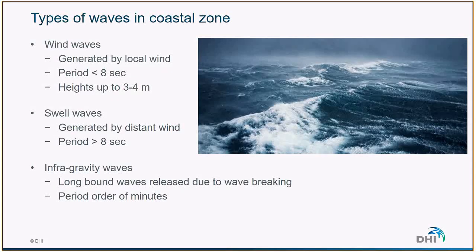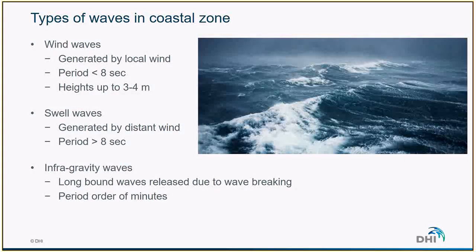Typically, we distinguish different types of waves based on their period. We first have the wind waves, which are generated by a local wind and which have a period of, let's say, below 8 seconds.